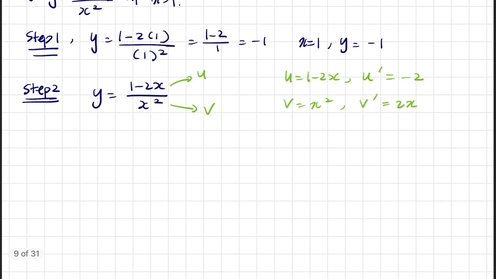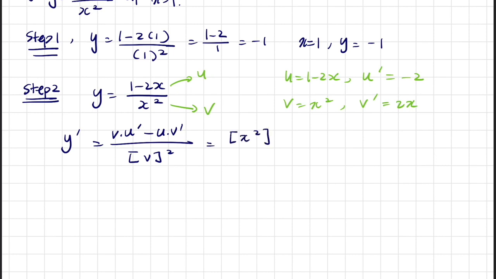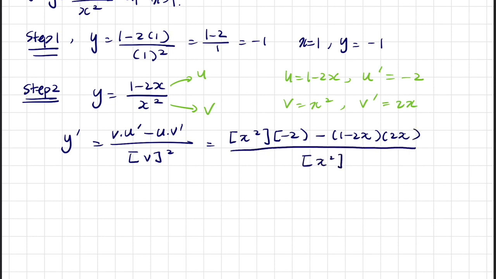Then using the quotient rule equation, we can find the derivative of y as v times u prime minus u times v prime over v squared. So we do x squared times negative 2 minus (1 minus 2x) times 2x, over (x squared) to the power 2.